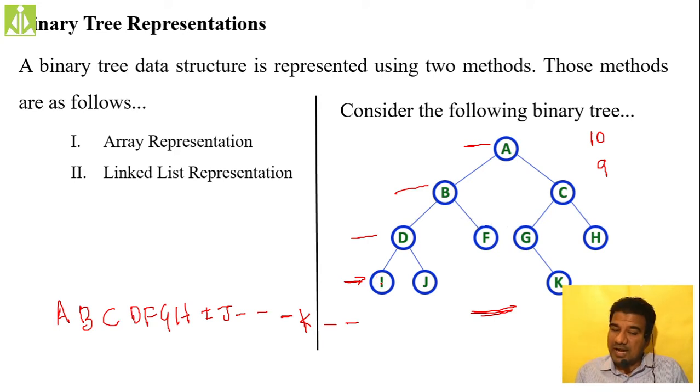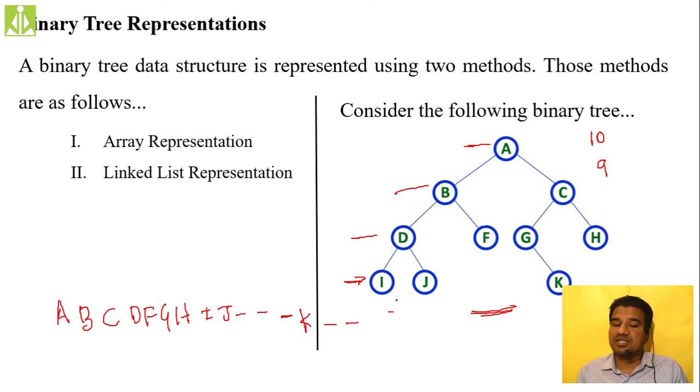Because when we do the traversal, after reaching I, we need to have the terminating point. That terminating point is represented by proceeding to one more level. If we proceed one more level and put all hyphens, all emptiness over there, that will act like an end point to my tree data structure.